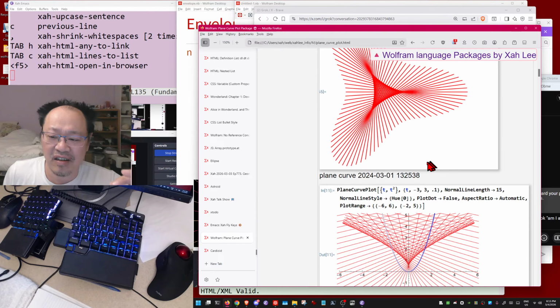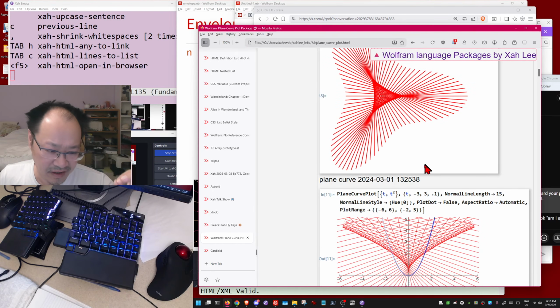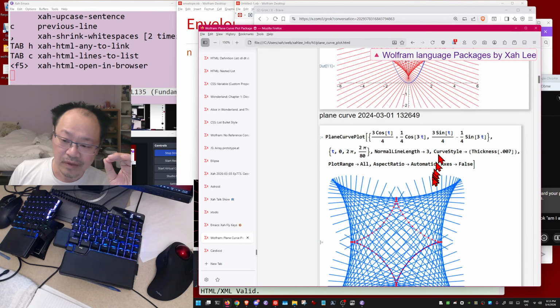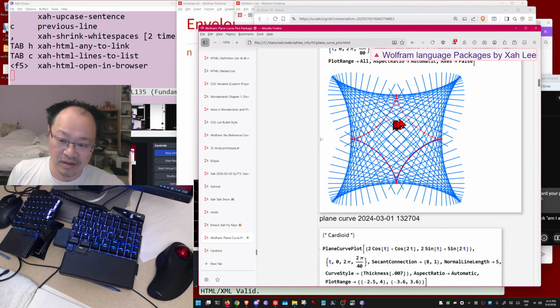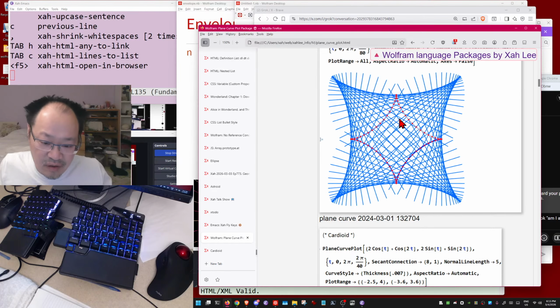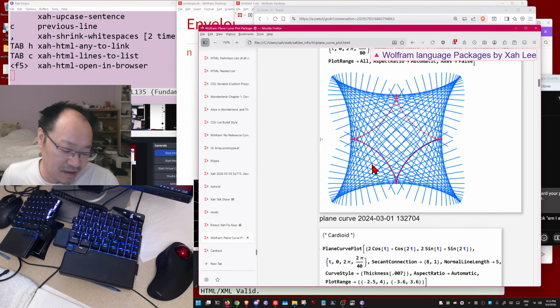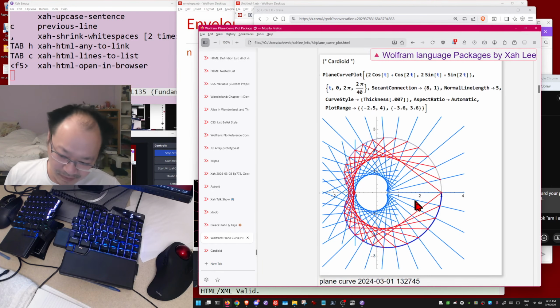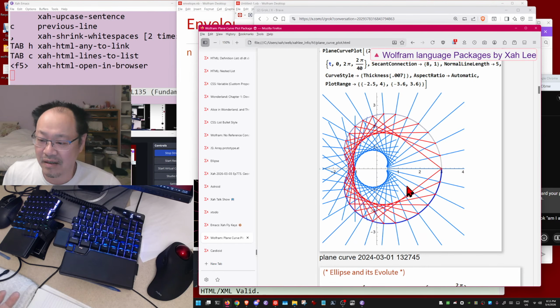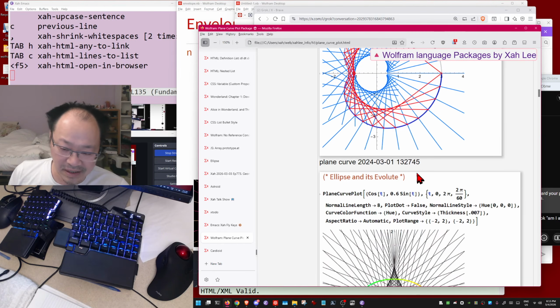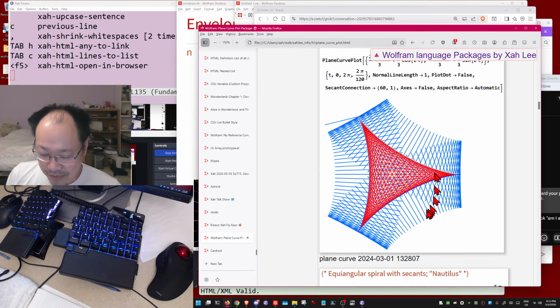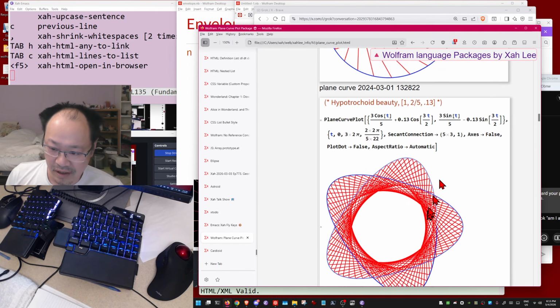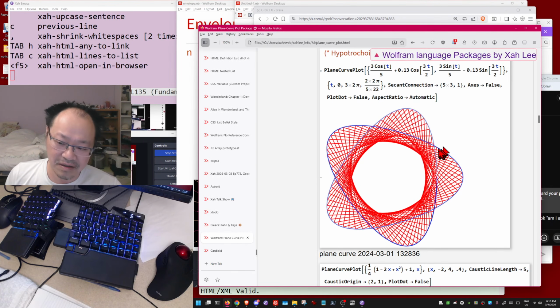That's the heart of calculus, very significant. What about the normal? Well, the normal is just perpendicular to the tangent. So basically the normal is like another view of the tangent. Secant doesn't mean much.